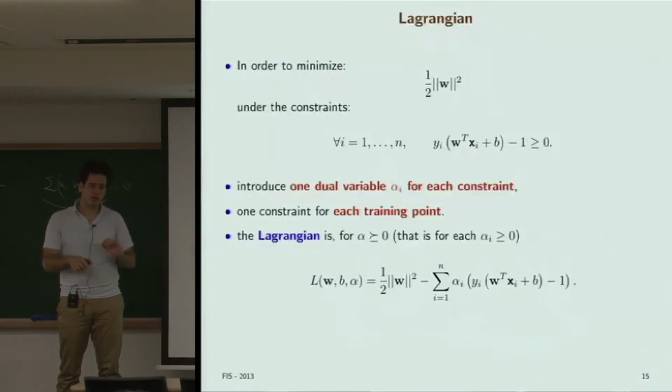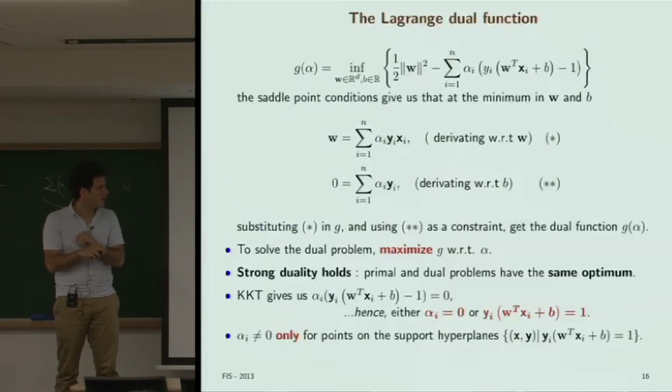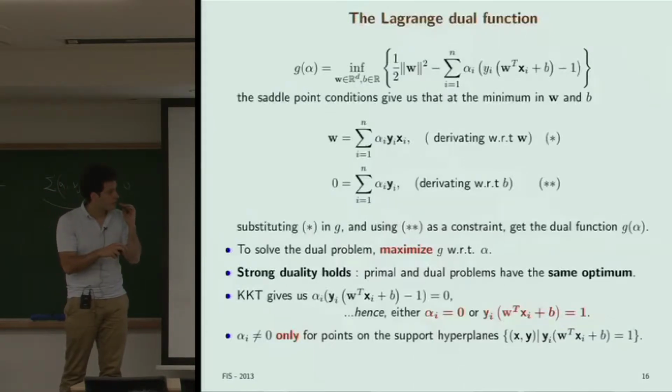To compute the Lagrangian, I need to input a cost for each constraint violation, and that's called the Lagrange multiplier alpha. And now I'm going to do kind of the opposite. I'm going to see the problem as a function of alpha, and I'm going to minimize now only with respect to W and b this term here.